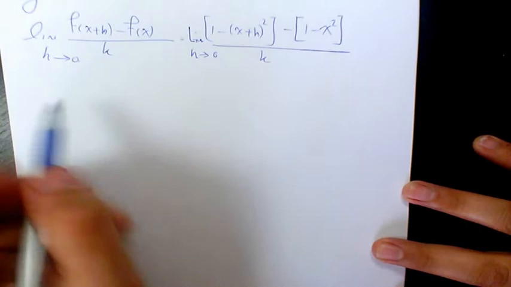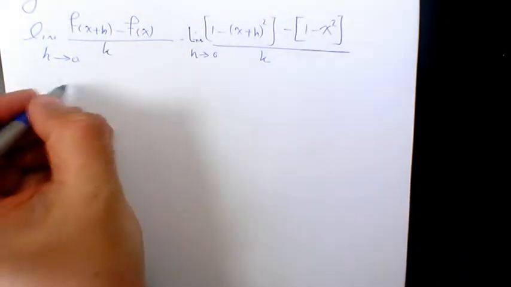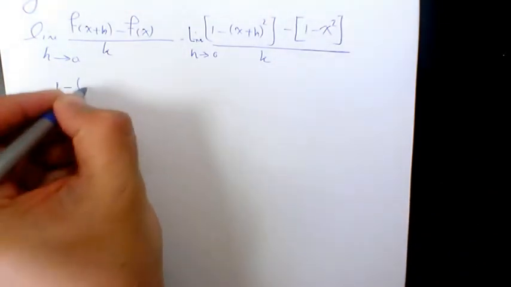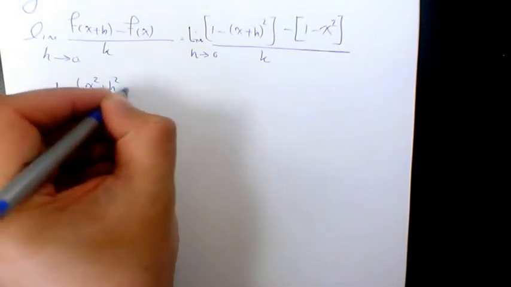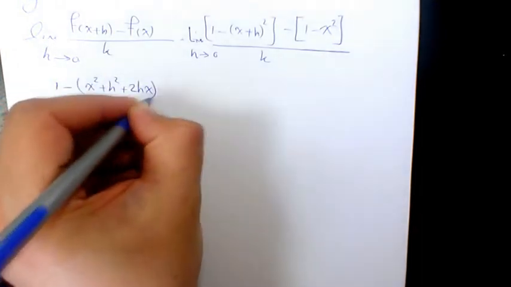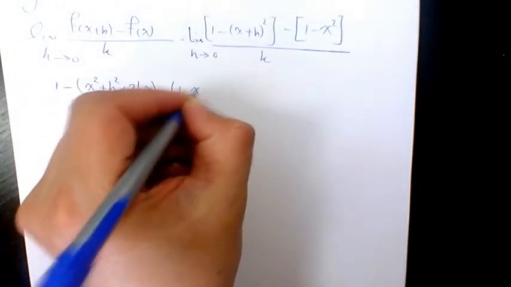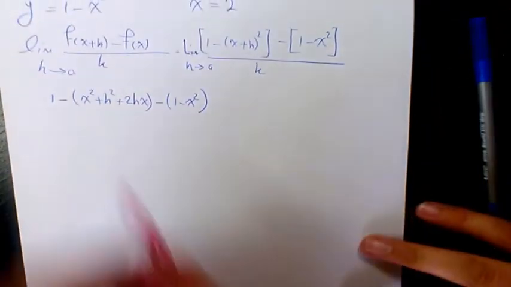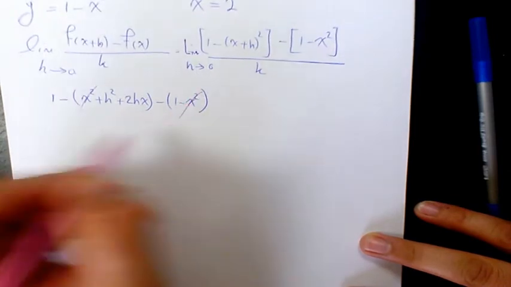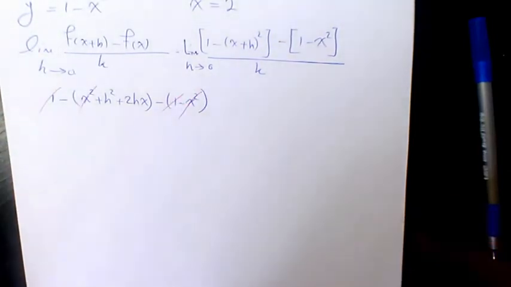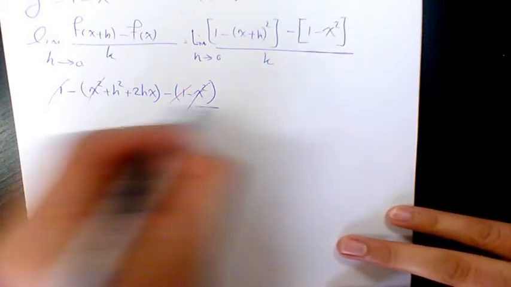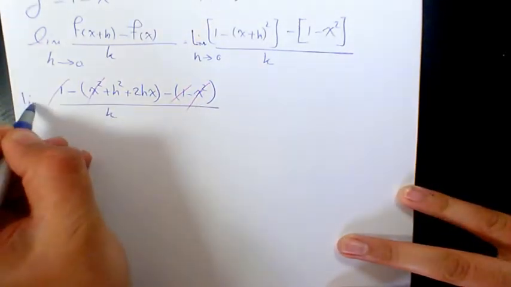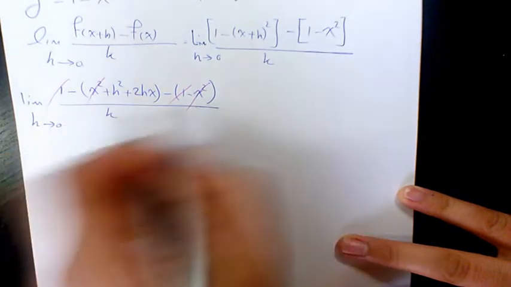When you simplify it, it's going to be 1 minus x squared, h squared, 2hx, minus (1 minus x squared). Then these two cancel out. These two cancel out. Divided by h, limit when h approaches 0.